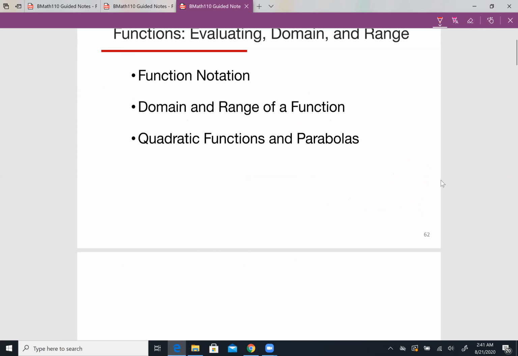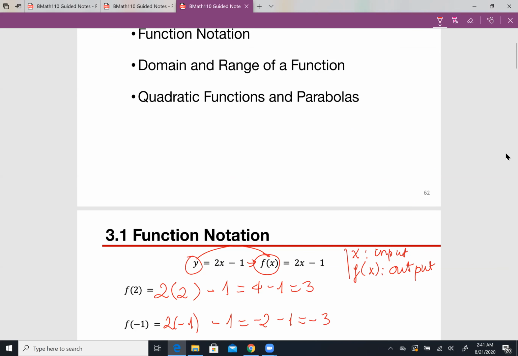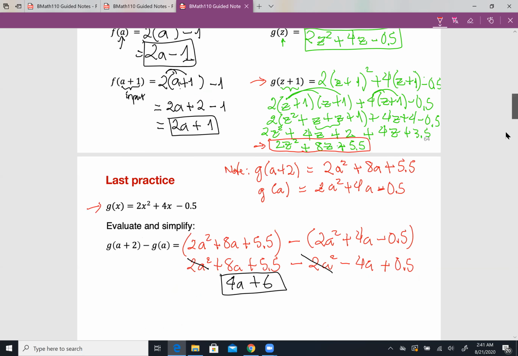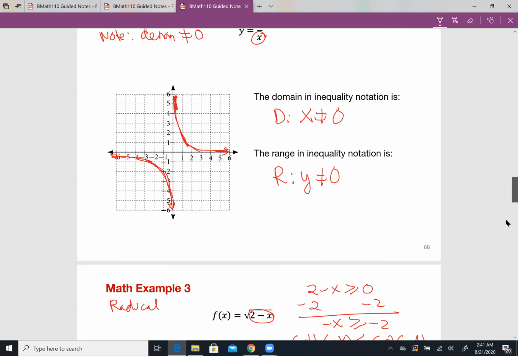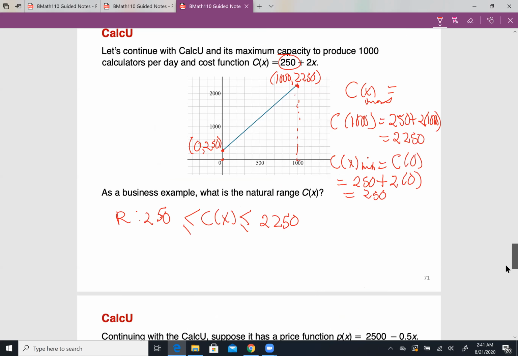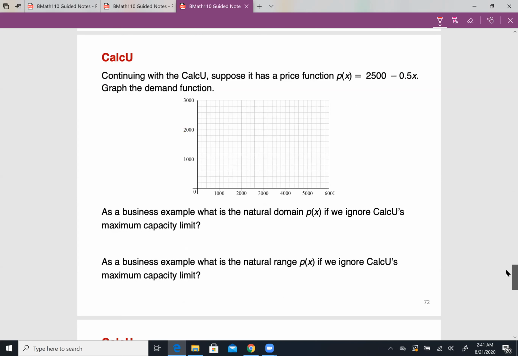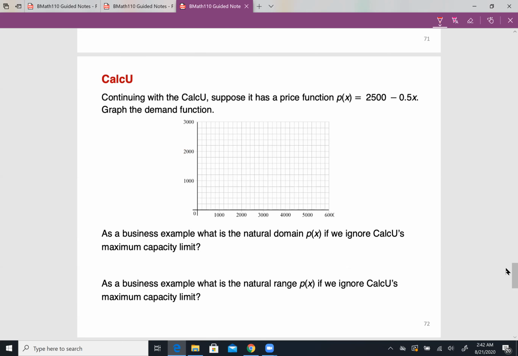Now let me move down to the next page. Continue with Calq. Suppose it has a price function p of x equals 2,500 minus 0.5x.